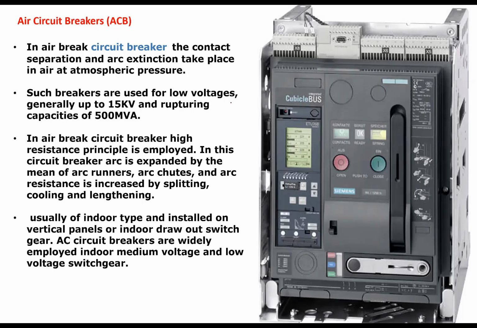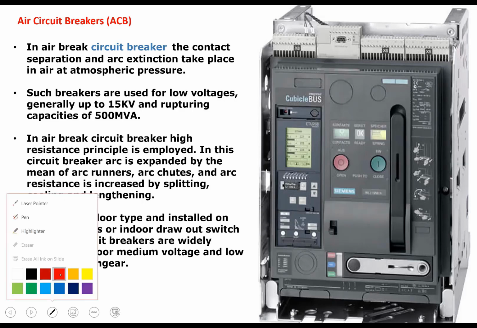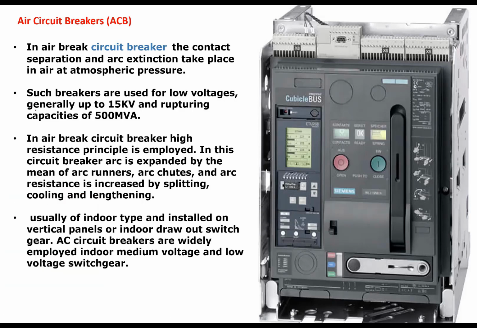The fixed and moving contacts are separated by air at atmospheric pressure. That means naturally, air is the medium separating the fixed and moving contact. These breakers are used for low voltage applications. Generally up to a maximum of 15 kV we use air circuit breakers. Understand? The rupturing capacities are up to 500 MVA.